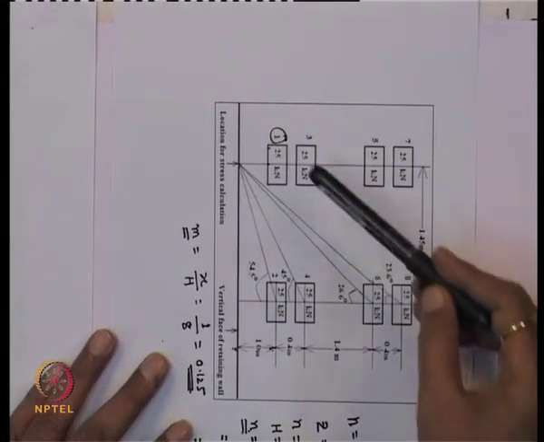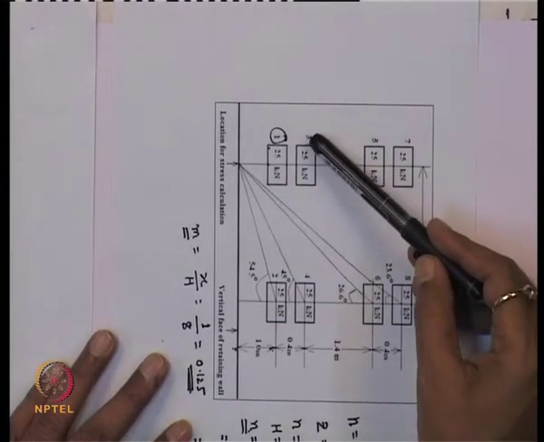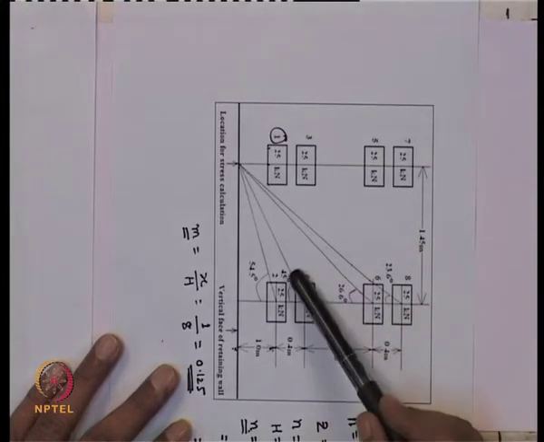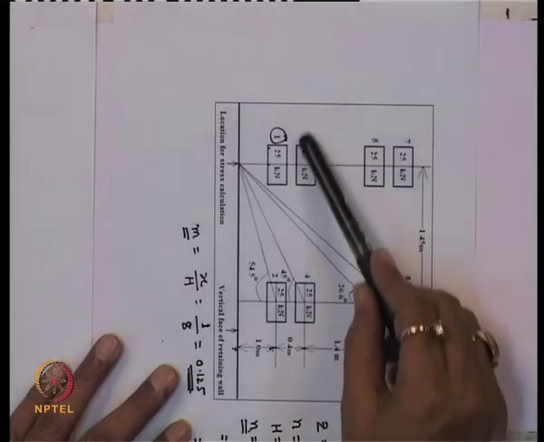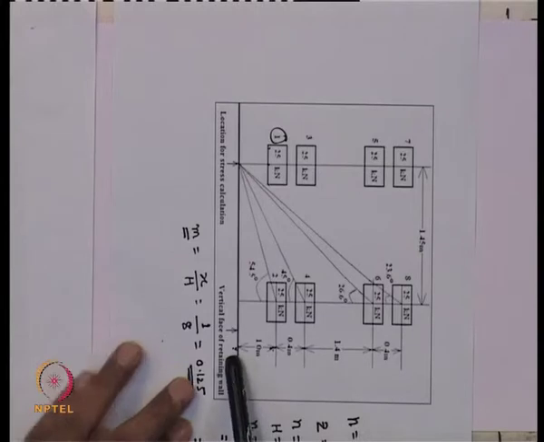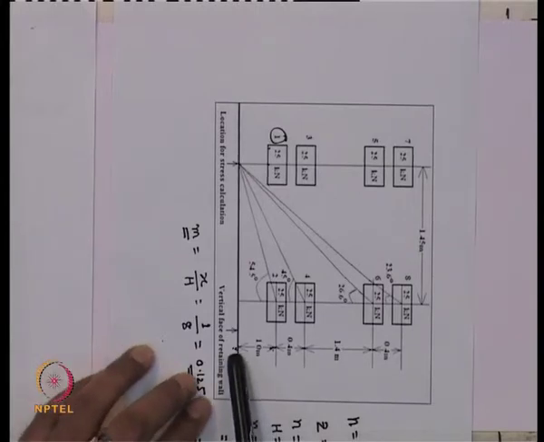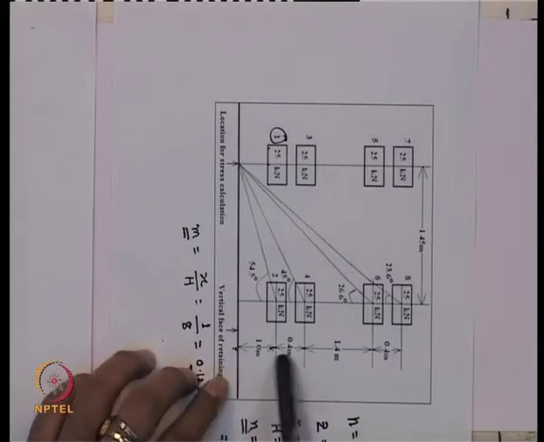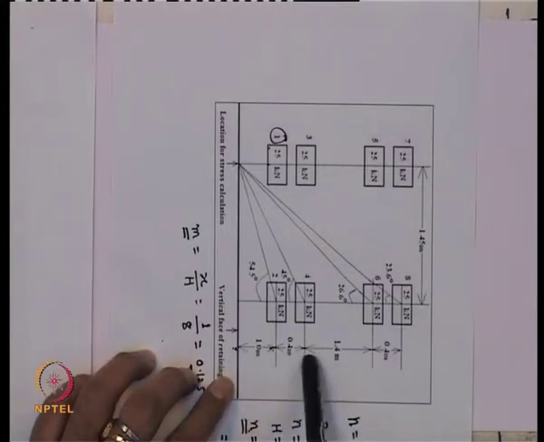Now we want to show the stress due to wheel 3 and 4. You can see that these wheels 3 and 4 are located from the vertical face of the retaining wall; from here to here is about 1 meter, and here to here is 0.4 meter.